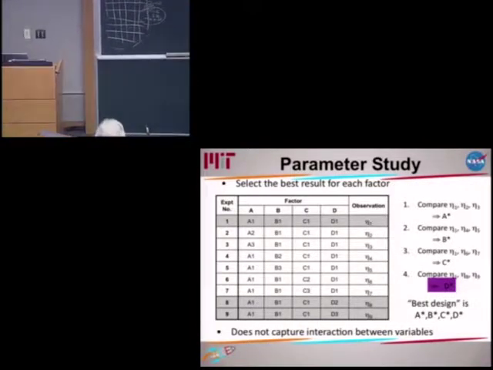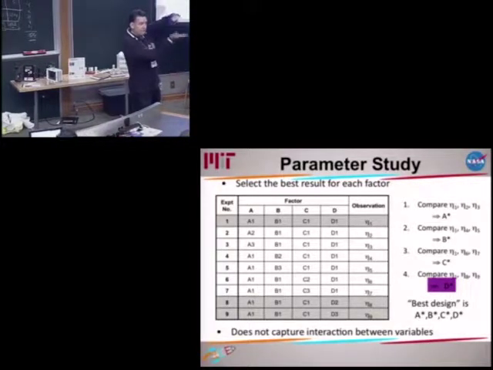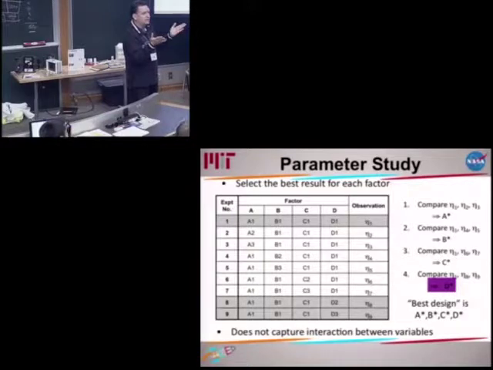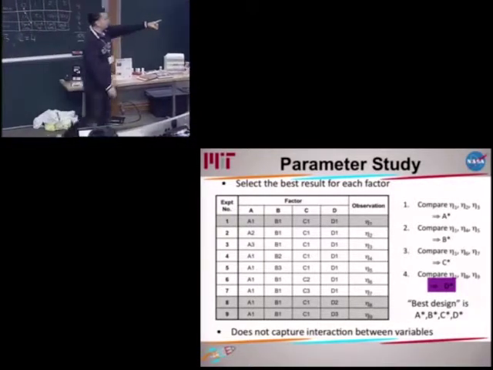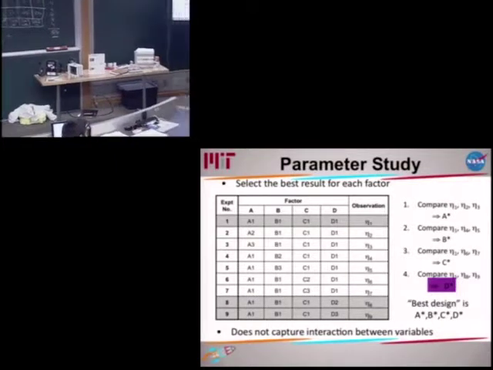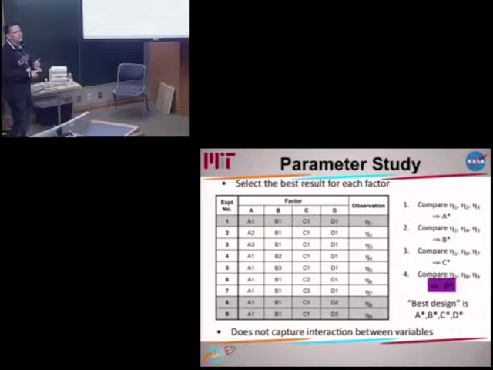So for factor A, you're going to look at experiments 1, 2, and 3. Those are the ones where you varied A. And you're going to say, which one of those 3 worked the best? Which one yielded the best result? What is the best? Well, that depends what your output is, right? The observations are recorded here, right? So that could be crop yield.